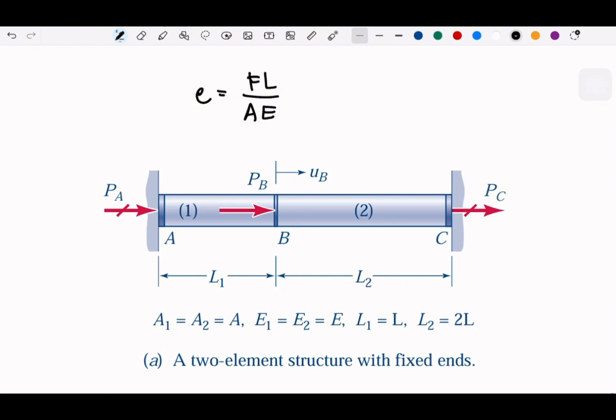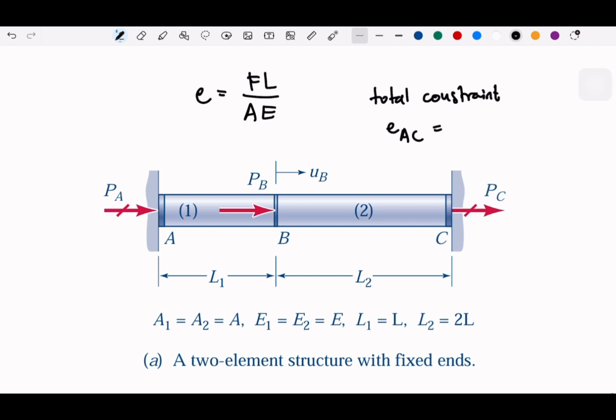So what is the constraint? If this is having the walls on both sides, this is the constraint for the elongations, let's say we have the elongation here.